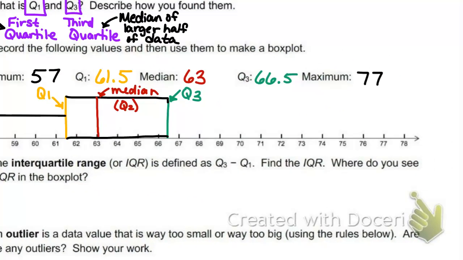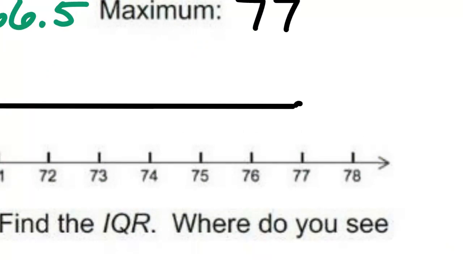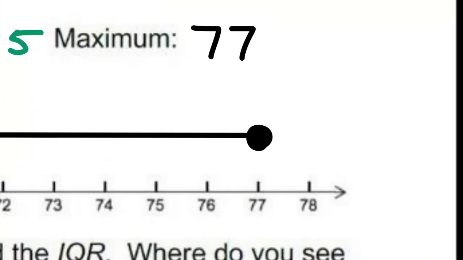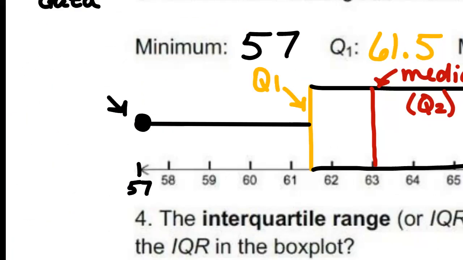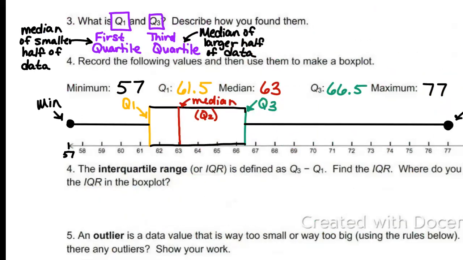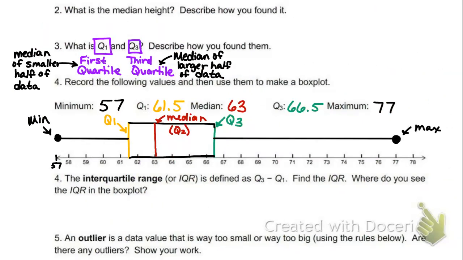And then my maximum comes off the right side, all the way over there. So here's the max. Down here is the minimum. This is called the 5-number summary: minimum, Q1, median, Q3, maximum.